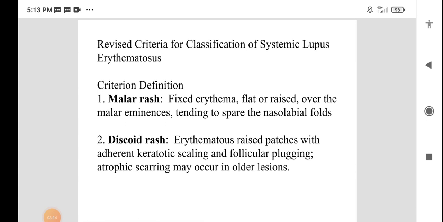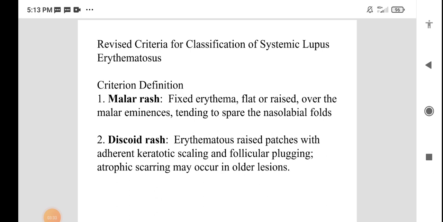What are the revised criteria for classification of systemic lupus erythematosus? Malar rash: fixed erythema, flat or raised, over the malar eminences, tending to spare the nasolabial folds.